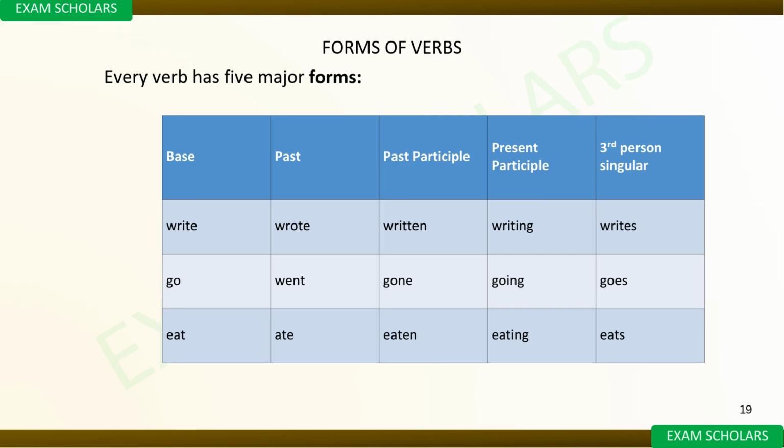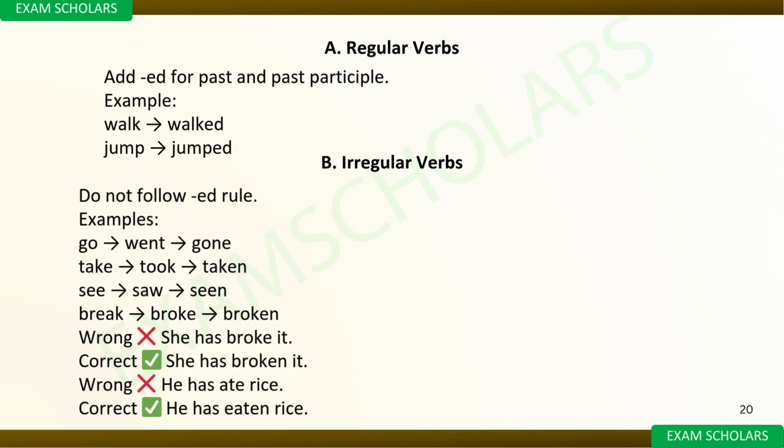Every verb has five major forms. We have the base, the past, the past participle, the present participle, and the third person singular. So we go learn it. We have the regular and irregular types.